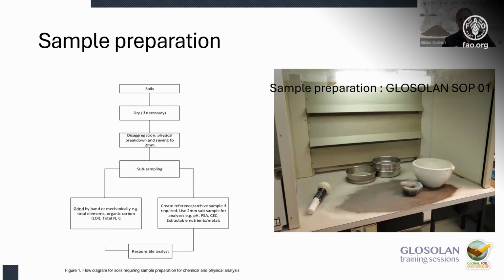For example, if you want to measure the trace elements in the soil, the porcelain might be liberating some trace metals or other elements in the soil. So we prefer to use agate material.